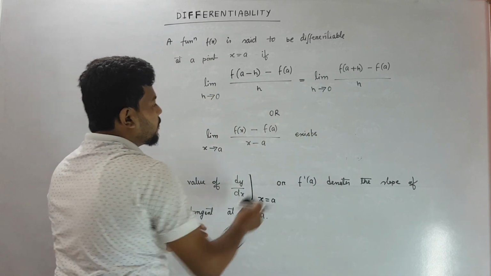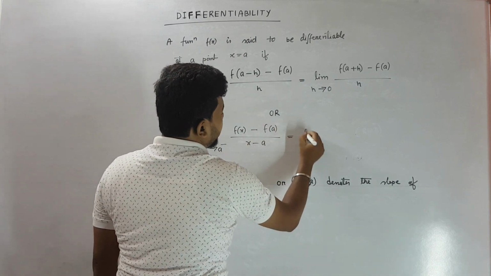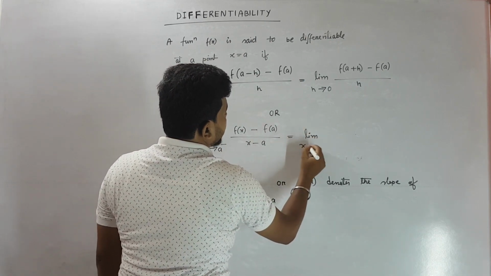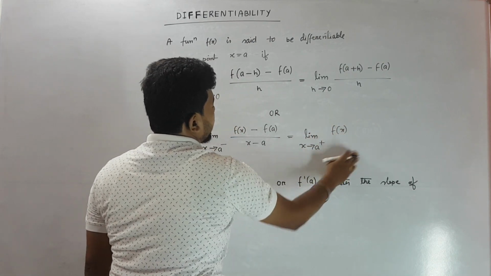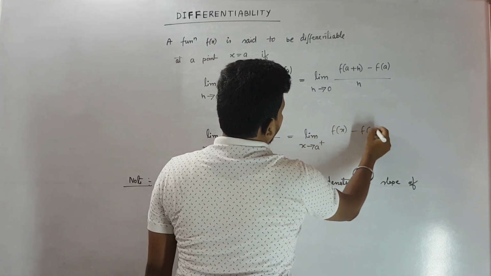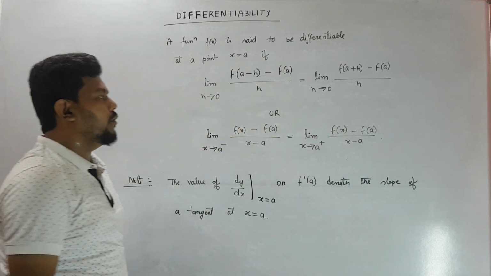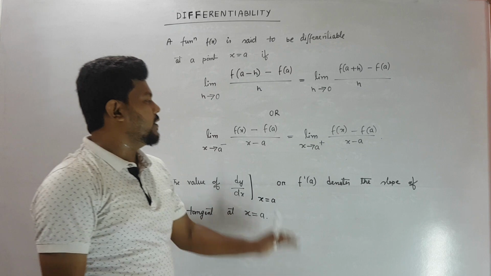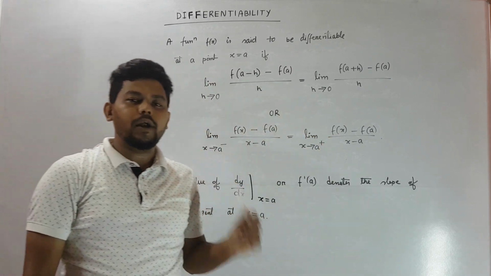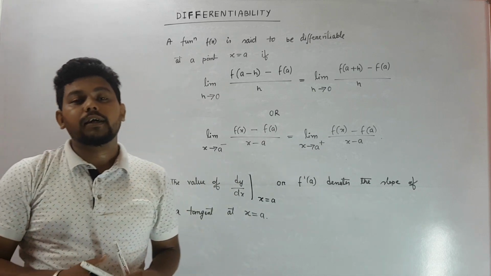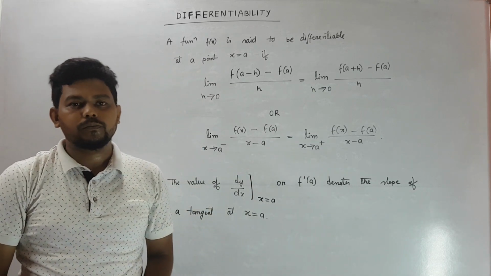Or you can say limit x tends to a minus is equal to limit x tends to a plus of f of x minus f of a by x minus a. There are three different conditions here. If these are equal, then we can say the function is differentiable at that point, that is, a unique tangent can be drawn at that point with a finite slope.